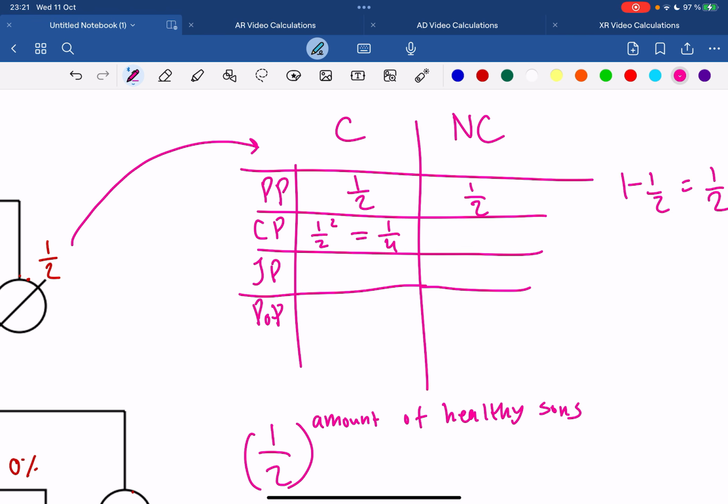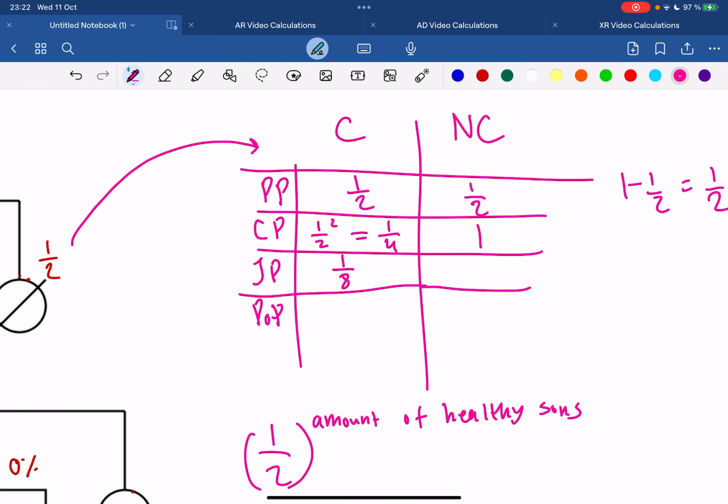And right here, of course, for a non-carrier, we always have a conditional probability of 1. Now for joint probability, we just take this times this, which would be 1/8.